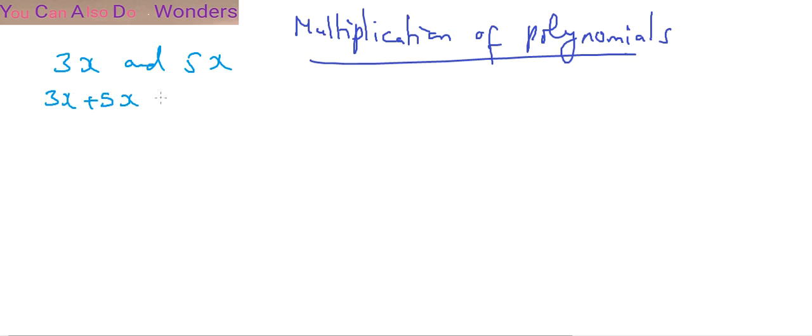So the result is 3 plus 5, 8x. Similarly, 3x square plus 5x square is 8x square.